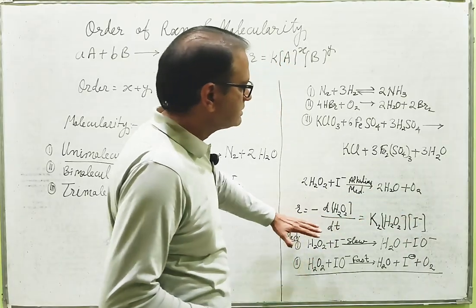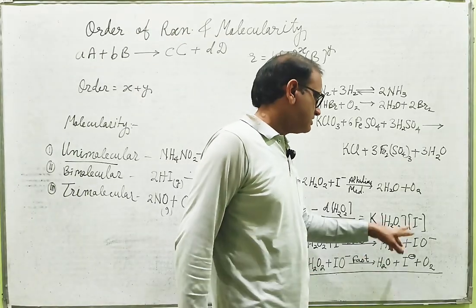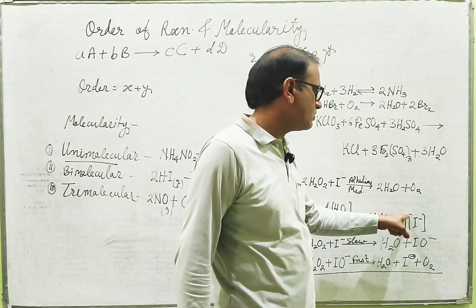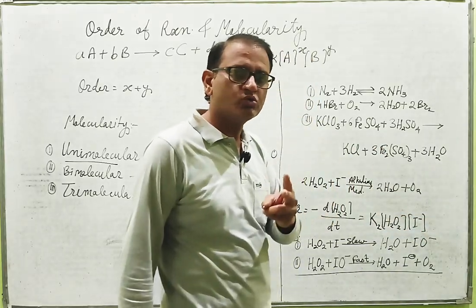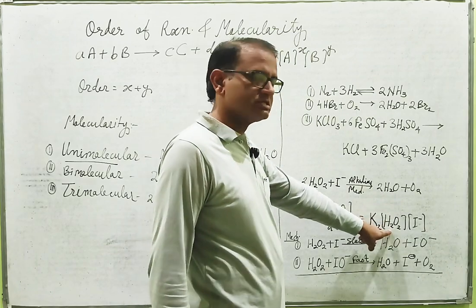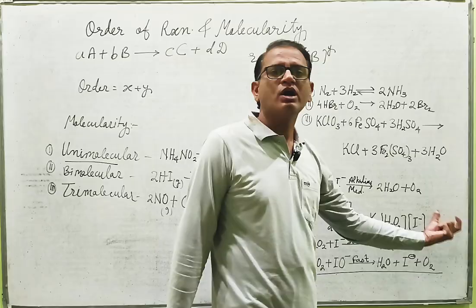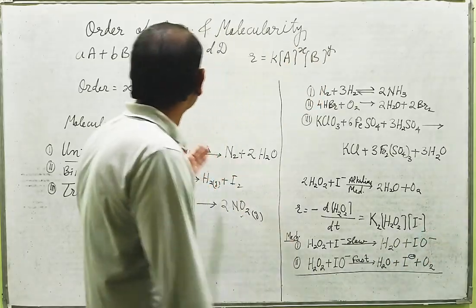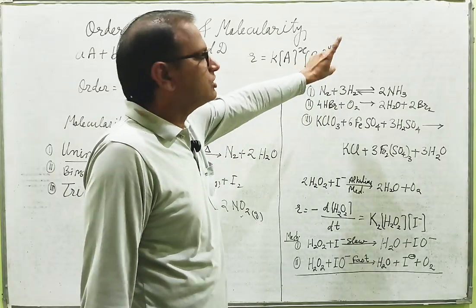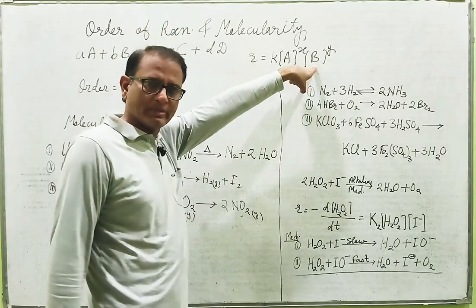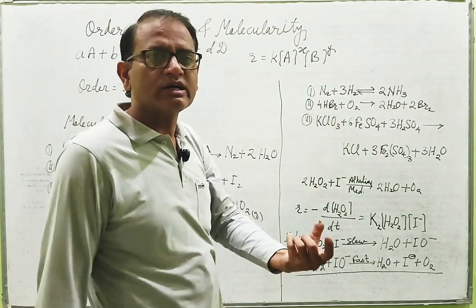By seeing this rate law expression, we can say the order of this reaction is 2: it is 1 with respect to H2O2 and 1 with respect to iodide. Here x is the order of reaction with respect to A, y is the order with respect to B, and the sum of both is called the overall order of the reaction.